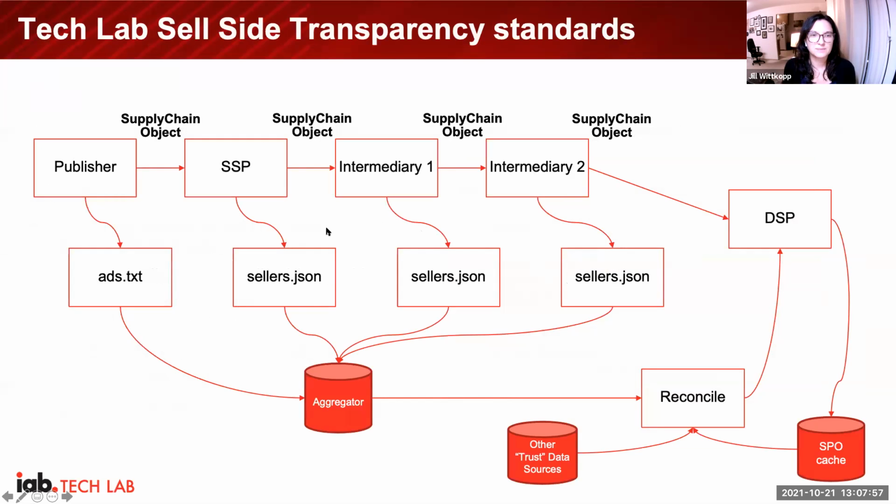And this just walks through, I mean, nothing about the ad tech supply chain is super simple. So this is a fairly simplified example of what this could look like as far as where the specifications are used within the transaction process.